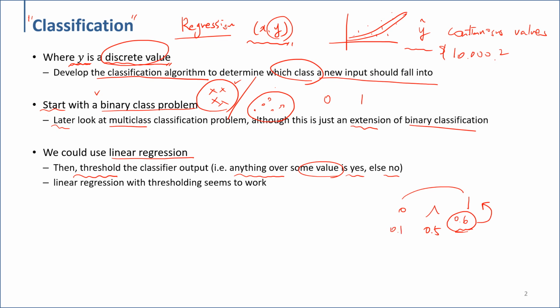And in the case of 0.1, this value is under the threshold, so this predicted value will fall into class 0. So like this, we can use linear regression to classify these values. So linear regression with thresholding seems to work.